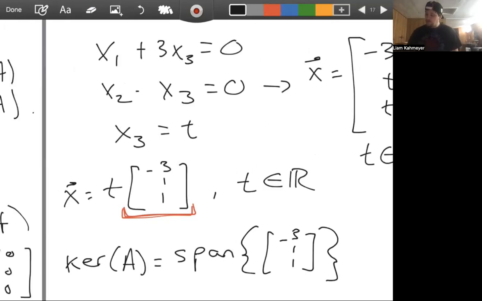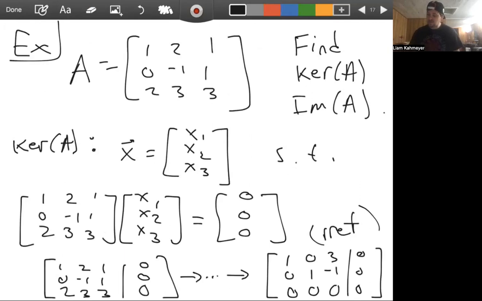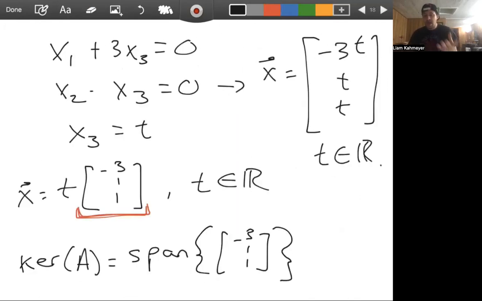We found those vectors X such that when you apply the matrix A to them, you get the 0 vector, right? So these are precisely the vectors that get sent to the origin under the map A, under the matrix A. It's those that are scalar multiples of the vector negative 3, 1, 1, right? These all map to 0 under the matrix A.